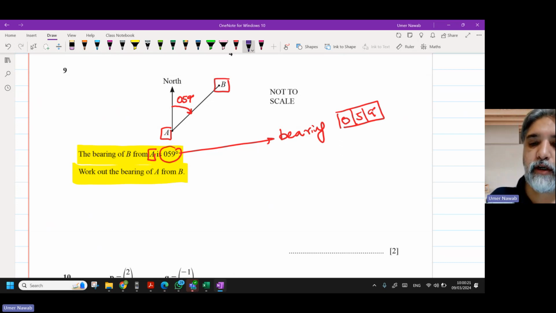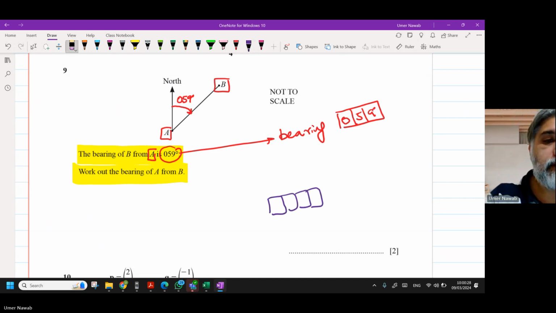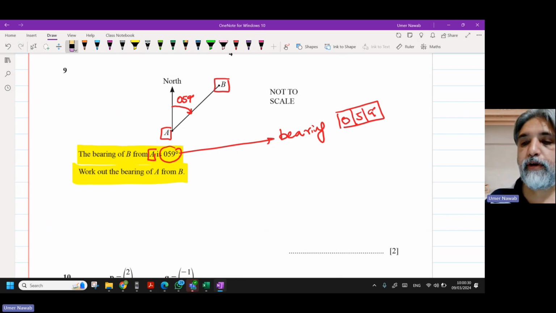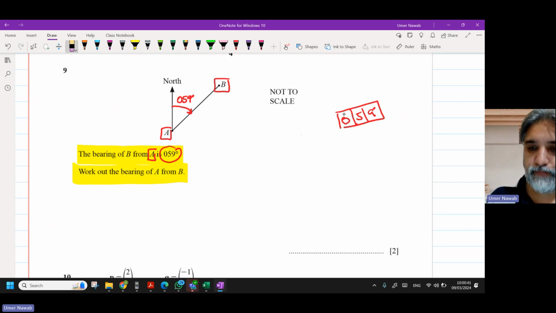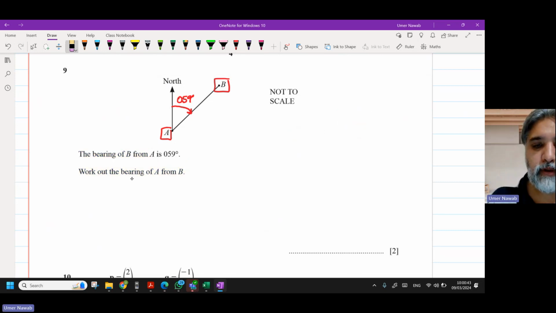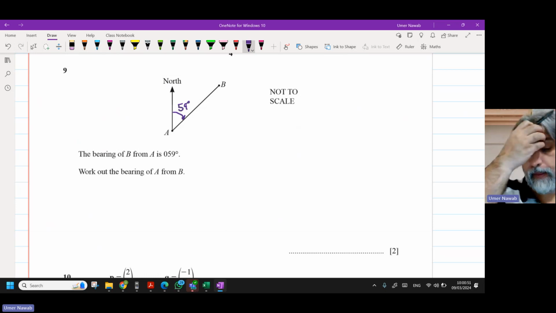Like a digital clock is a four-digit number, but bearing is a three-figure number, and it is always measured from north in a clockwise direction. So the position of the B point from A is 59 degrees clockwise.